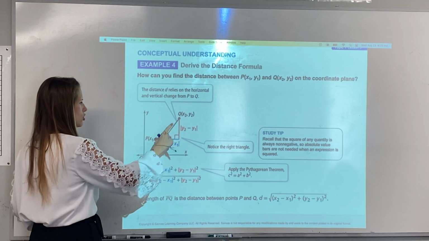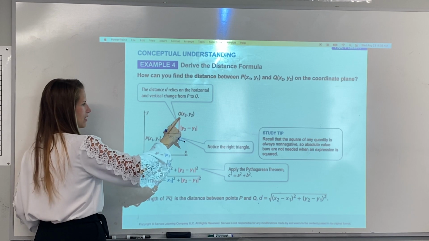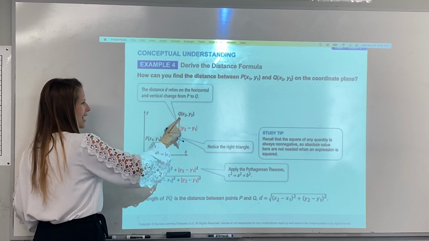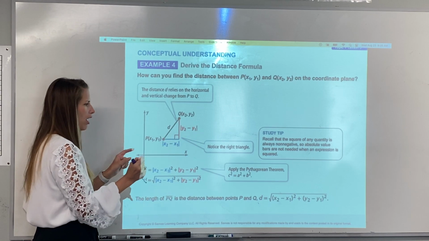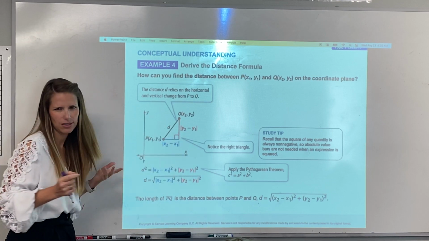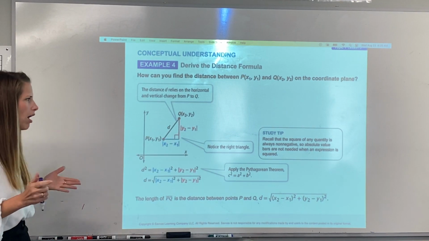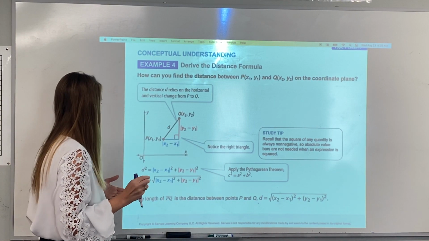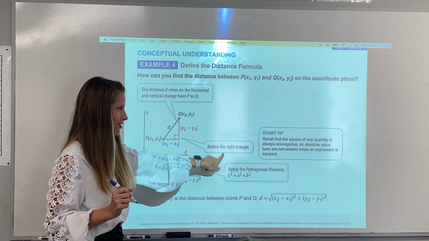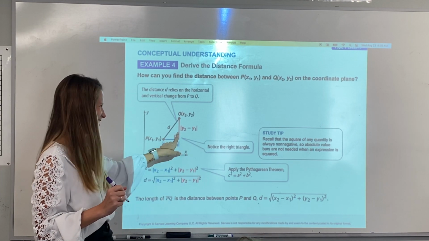So this distance, since it's not parallel with the x or y axis, relies on its relationship with this distance and this distance. Do you guys agree? It relies on that relationship, okay? So, notice the right triangle? Right there, the square.